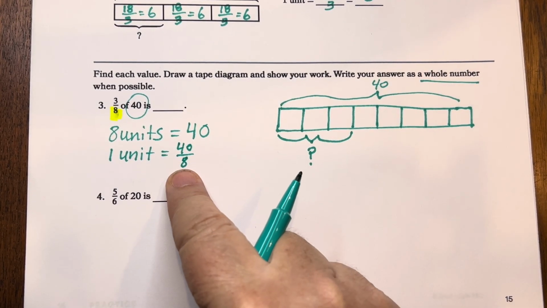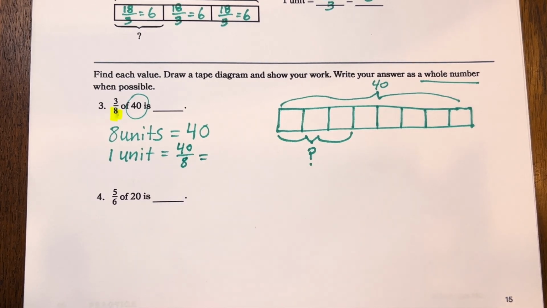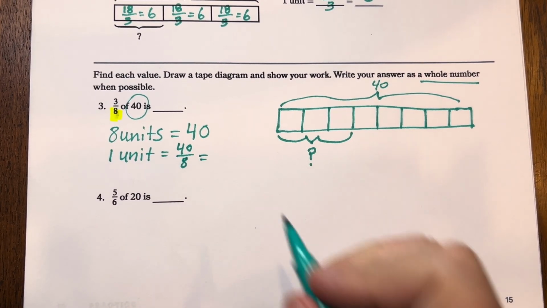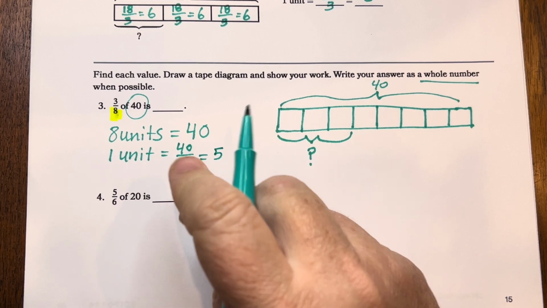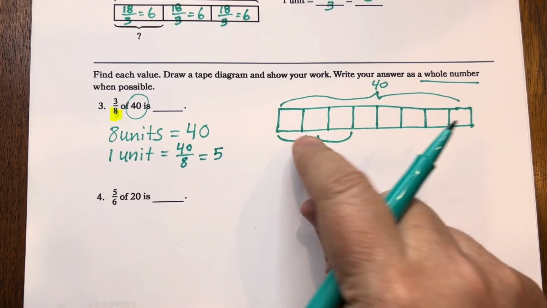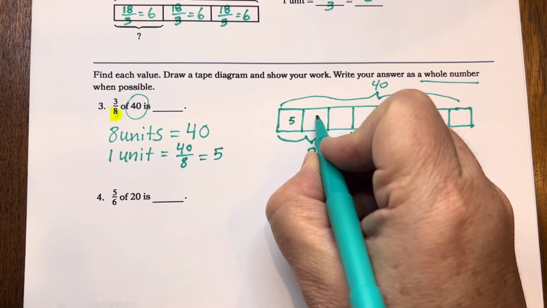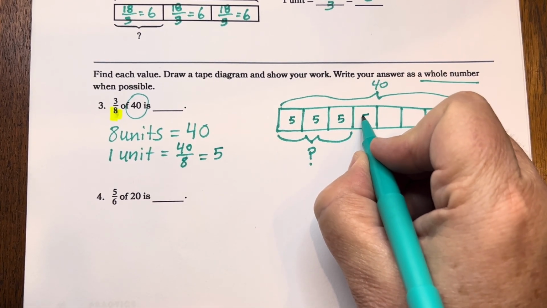What does 40/8 equal? So 40 divided by 8 equals the same as what? Hopefully you're saying 5, right? 5 times 8 equals 40. So what we're saying here is that each one of these is equal to 40/8 or the whole number 5.